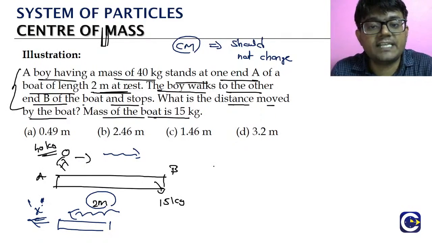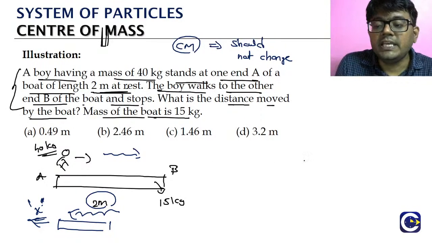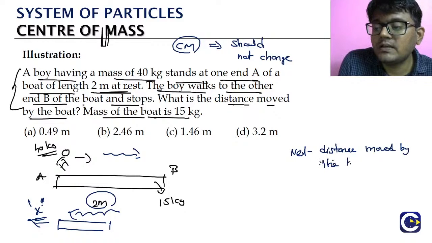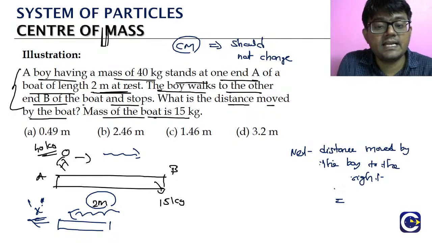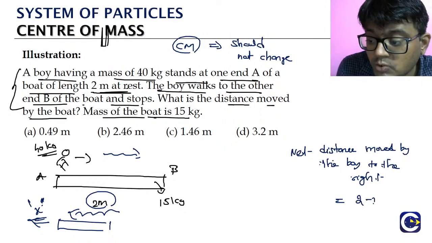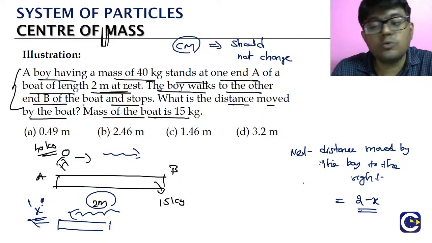What is the net distance moved by the boy to the right side? He is moving 2 meters on the boat, but the boat itself is moving by x to the left, right. So the net distance moved will be 2 minus x. The net distance moved by the boy to the right side is 2 minus x.